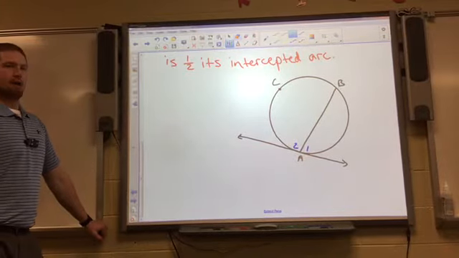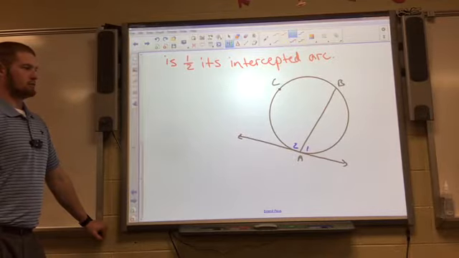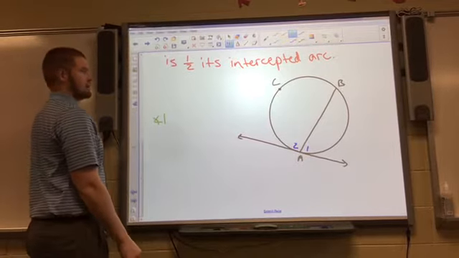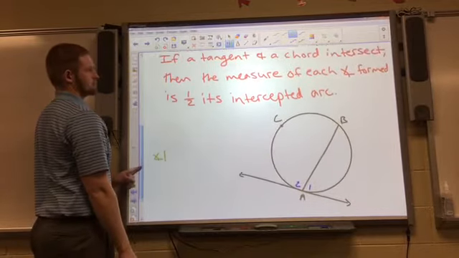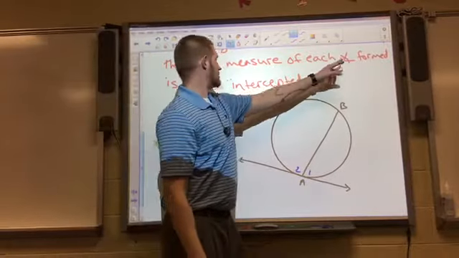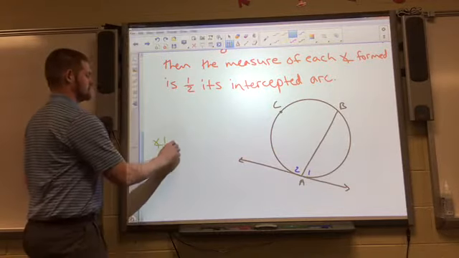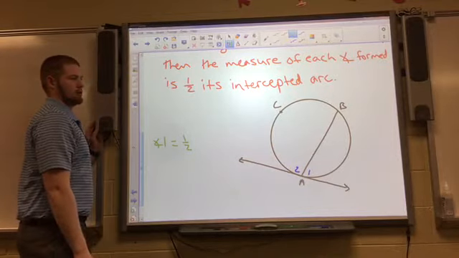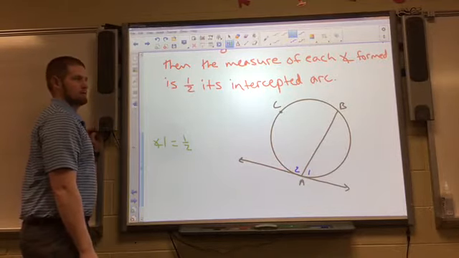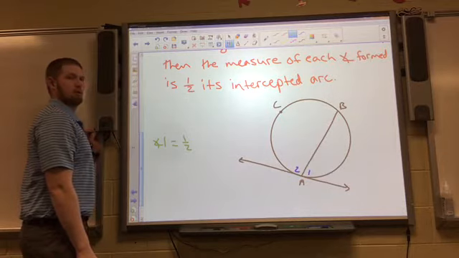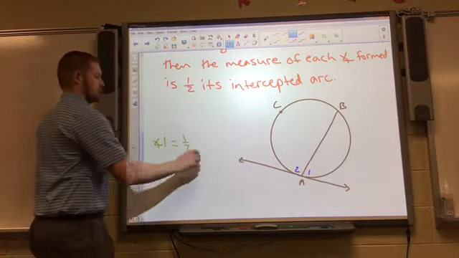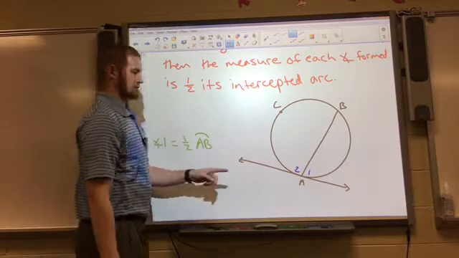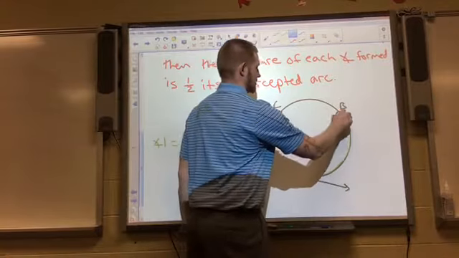So I know that each angle, so let's start with angle 1, is, according to my theorem, the angle is 1/2 of what for angle 1? What's the intercepted arc? I'm going to say AB, but yes. Hey, does everybody see how this arc is the intercepted arc of angle 1?